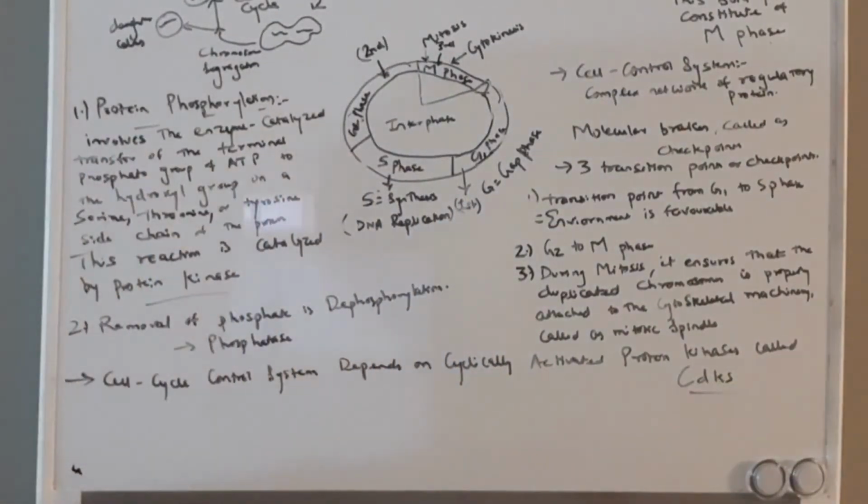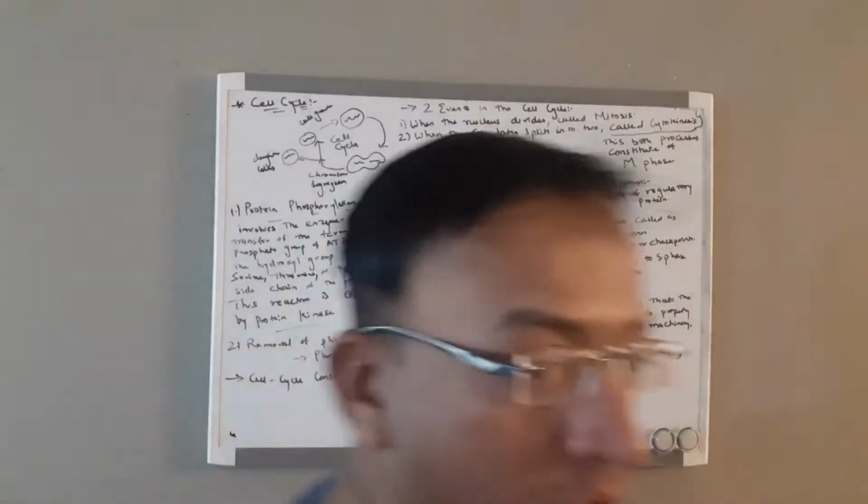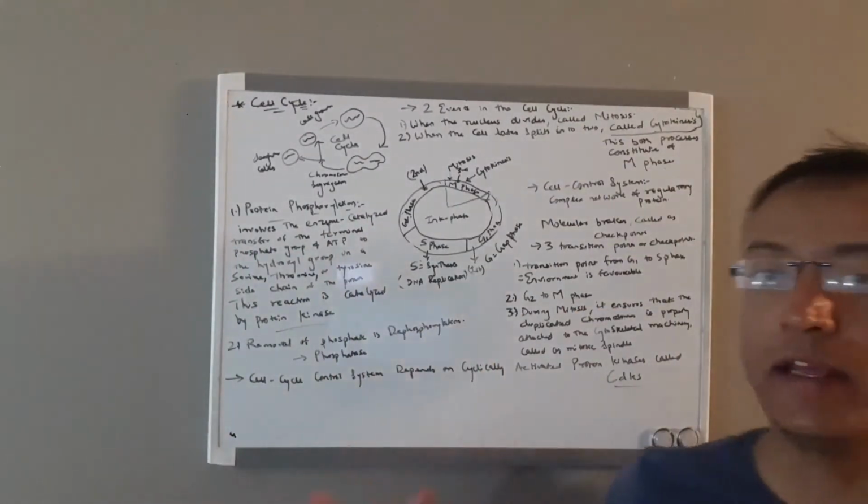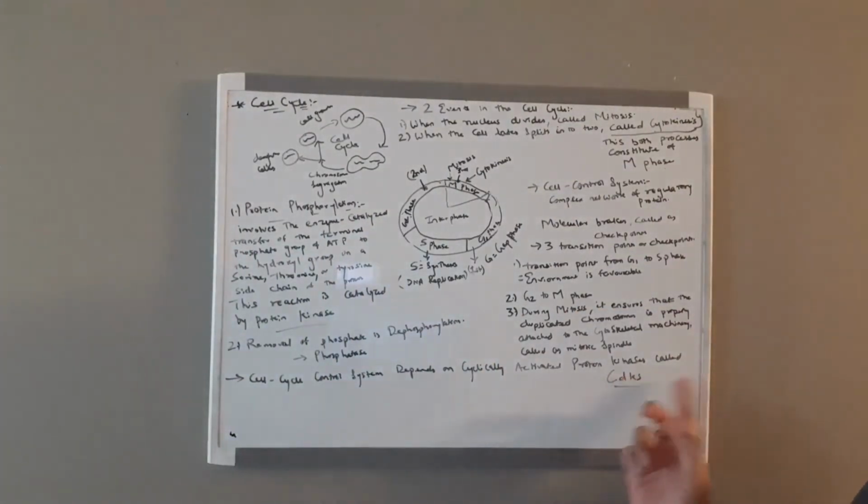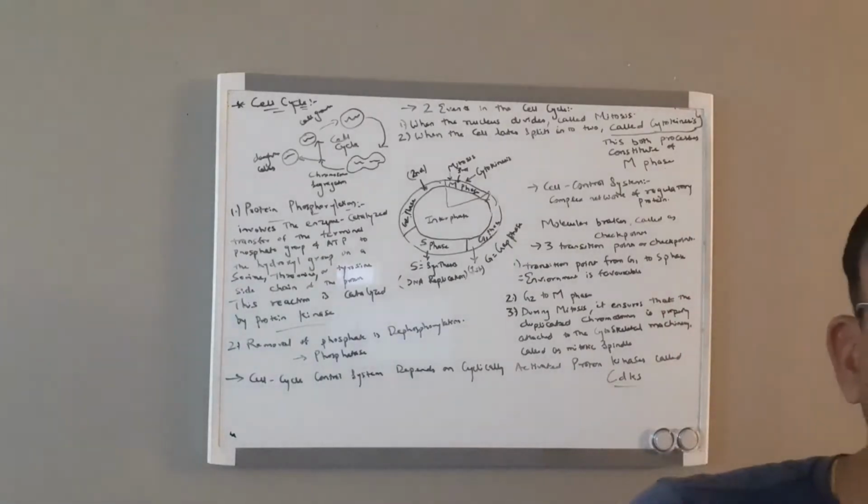This cell cycle control system depends on cyclically activating protein kinases, and they are called Cdks.